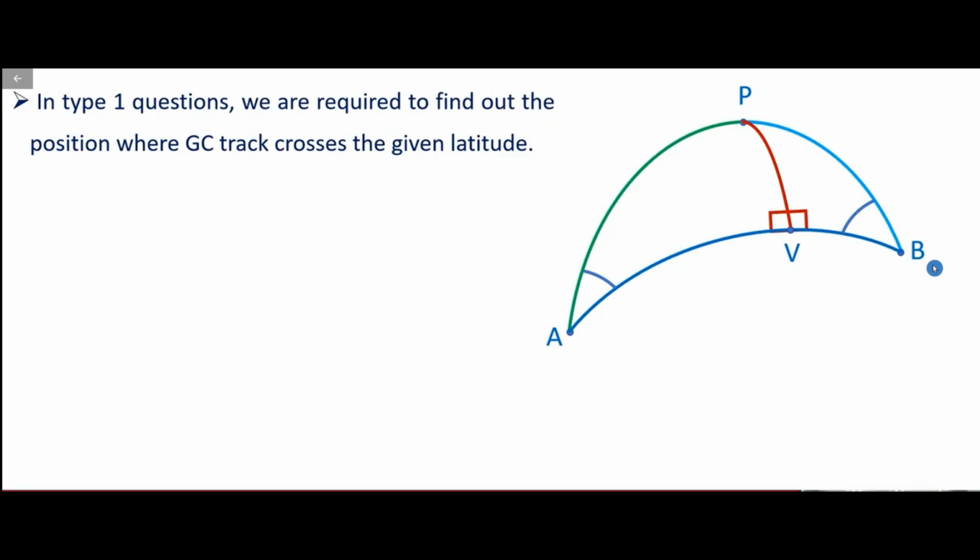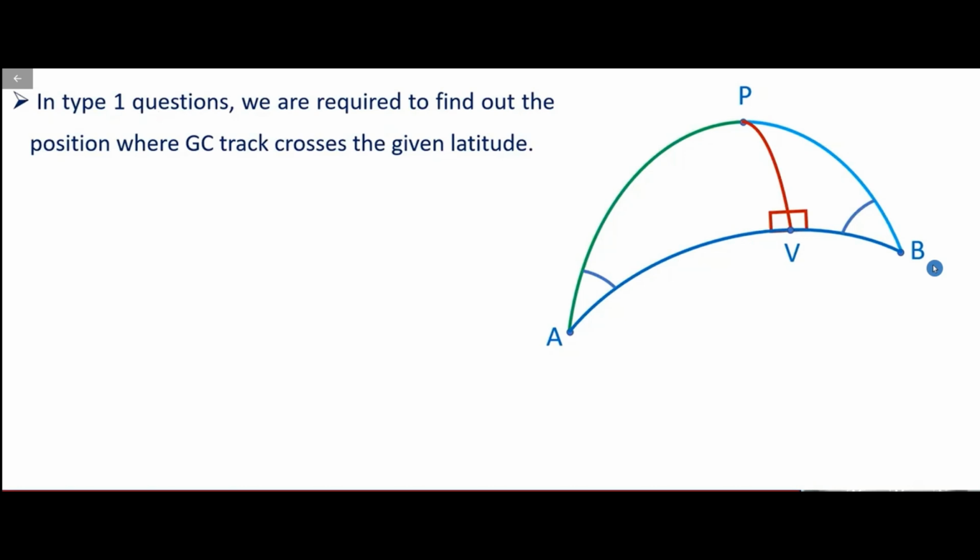Latitude is given and we need to know the position where the great circle track crosses that latitude. First of all, we will find out the vertex. As we have seen earlier, we will see where the vertex lies, then we will make a diagram, and then in that diagram we will apply Napier's rule and find out the latitude and longitude of the vertex.